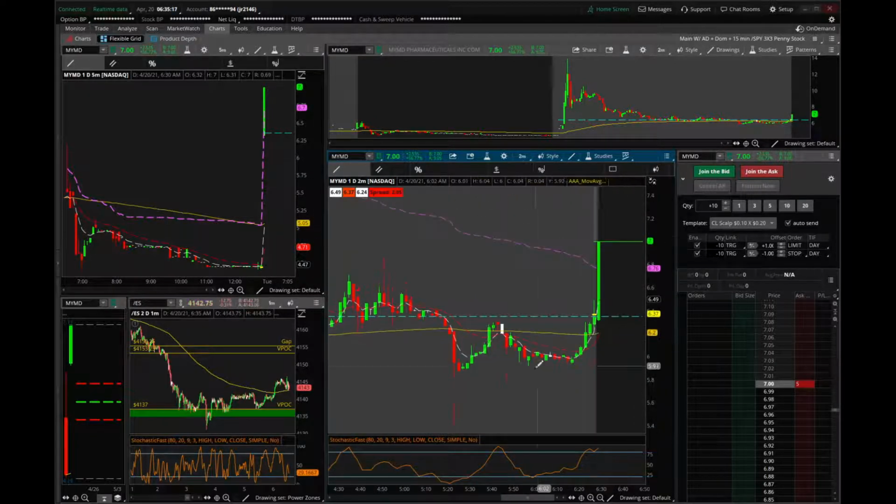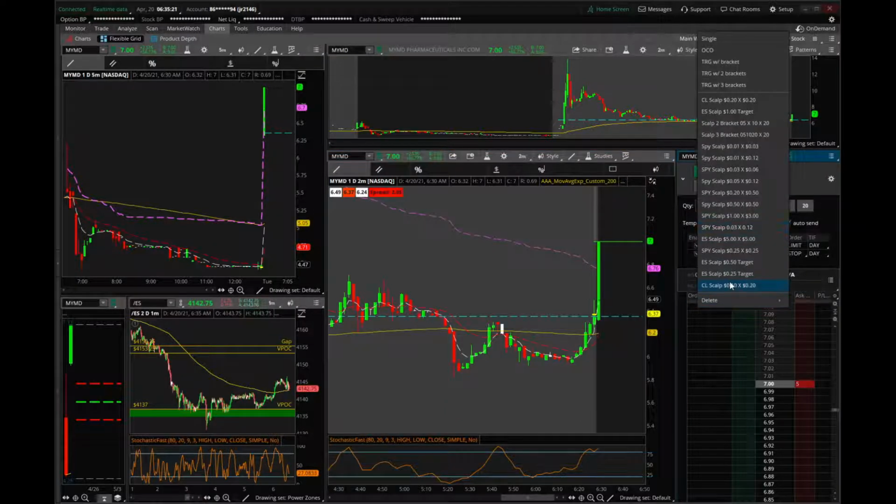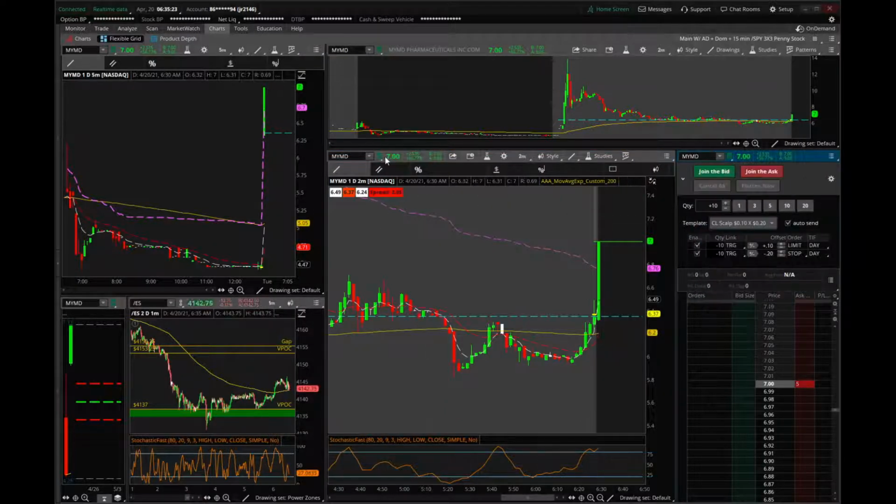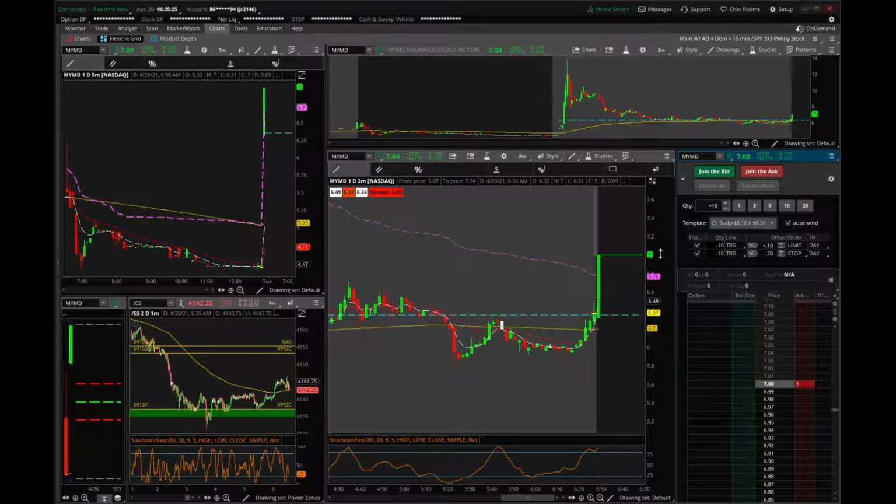Okay, here we go. Looks like this stock went halted, right? So MYMD is halted. We could tell right here, 7 by 9. So what we're going to do is we're going to pull up this chart. And what this is, it's going to tell us what time it halted.